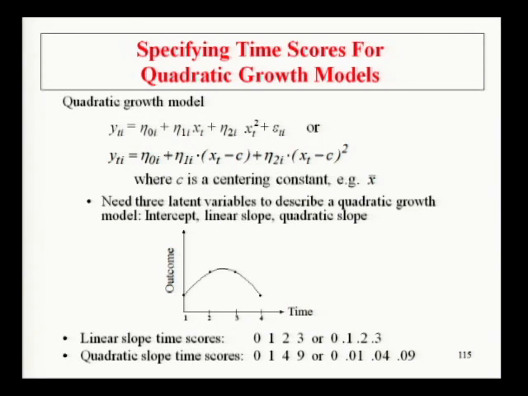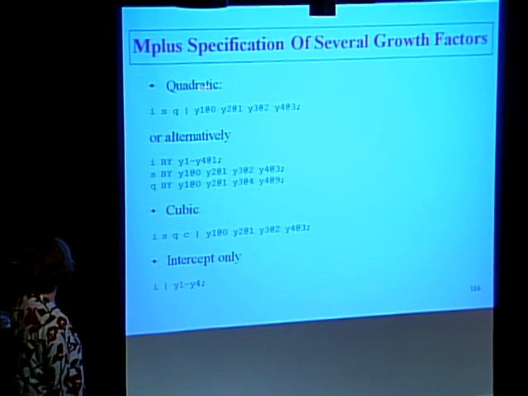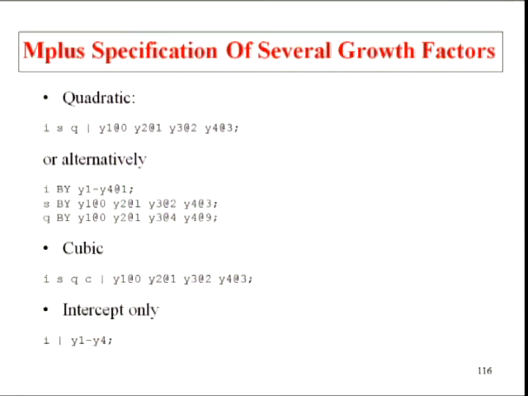So in our growth modeling language, for a quadratic model, you just give 3 names, and we always use I, S, and Q, but you don't have to. You can use whatever name you want, that falls into the variable name requirements.